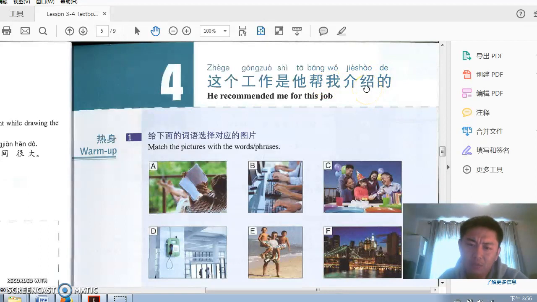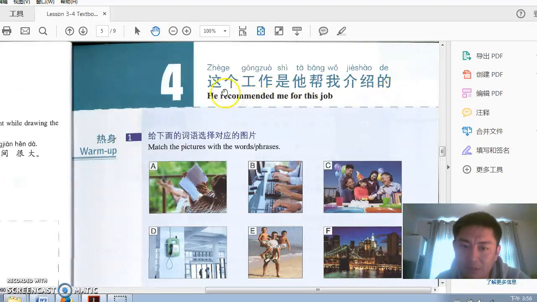And I think the best way to understand this structure, well, A is you remember this structure. When you see 是 and 的, you remember this emphasis structure. And if you still find it a bit difficult to understand, always add something after 的.